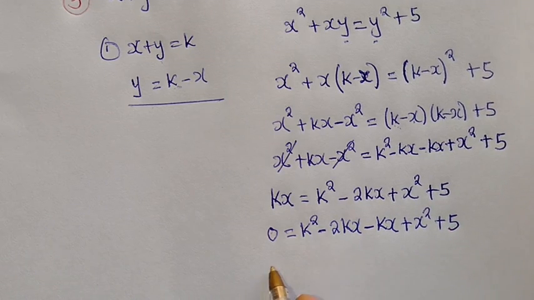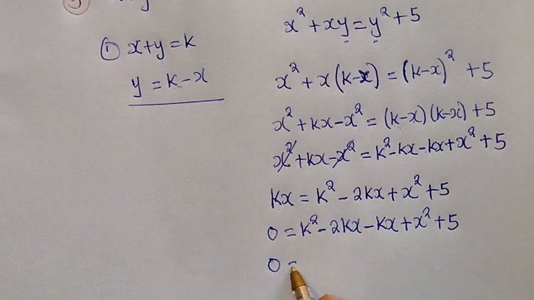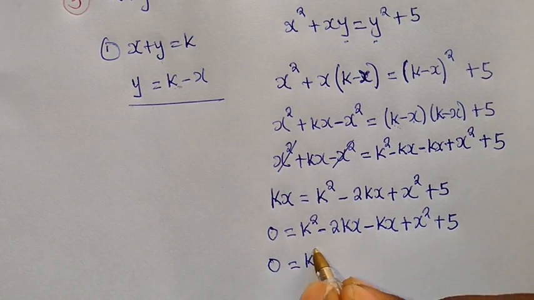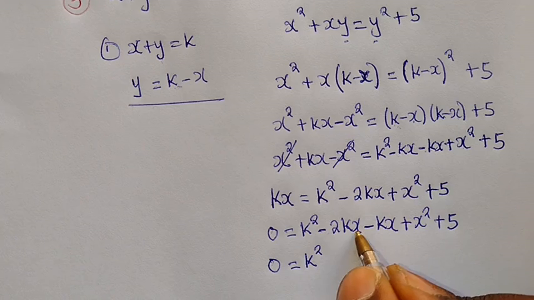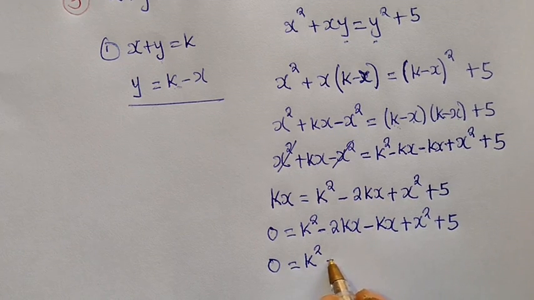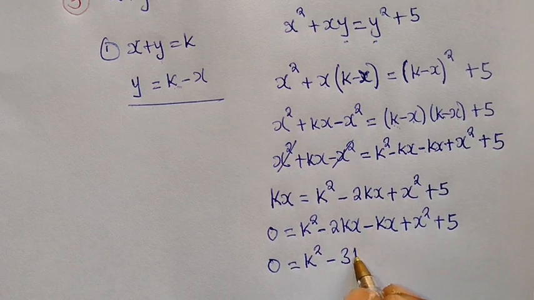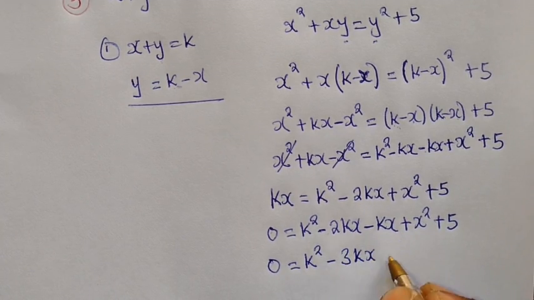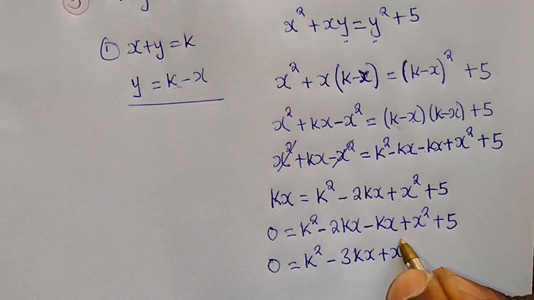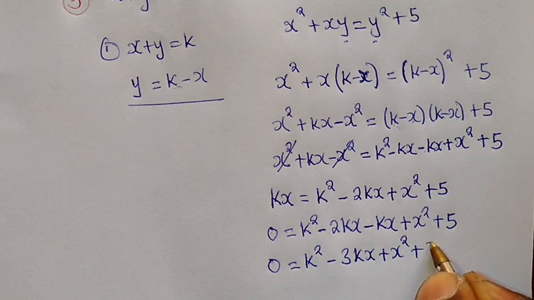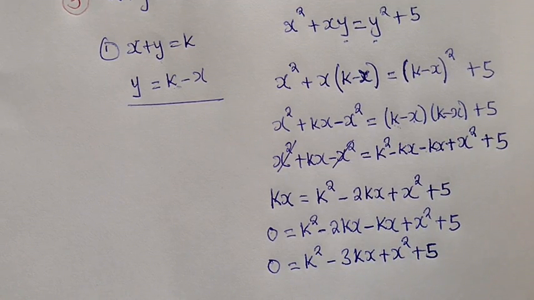So from here we say 0 is equal to k squared, negative 2kx minus kx, this will be negative 3kx, then plus x squared plus a 5. So I hope that there's no one who's behind here.